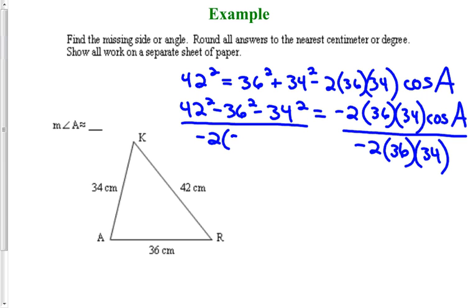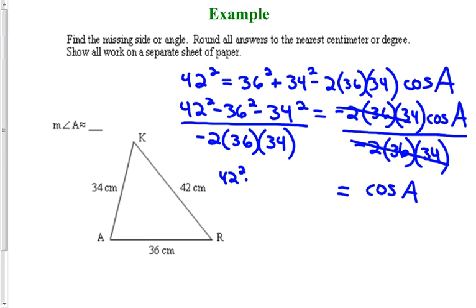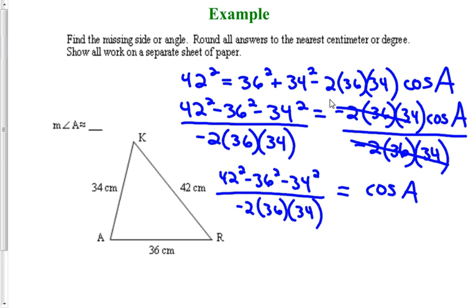On the right side, the negative 2 times 36 times 34 cancels out on the top and the bottom. That leaves me with the cosine of angle A by itself. That's a good thing. And it's going to equal everything that we see here on the left: 42 squared minus 36 squared minus 34 squared, all over negative 2 times 36 times 34.